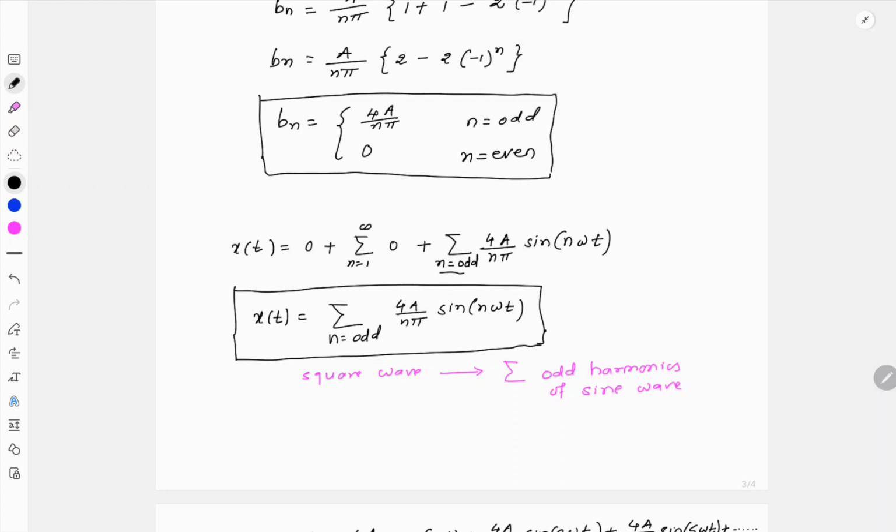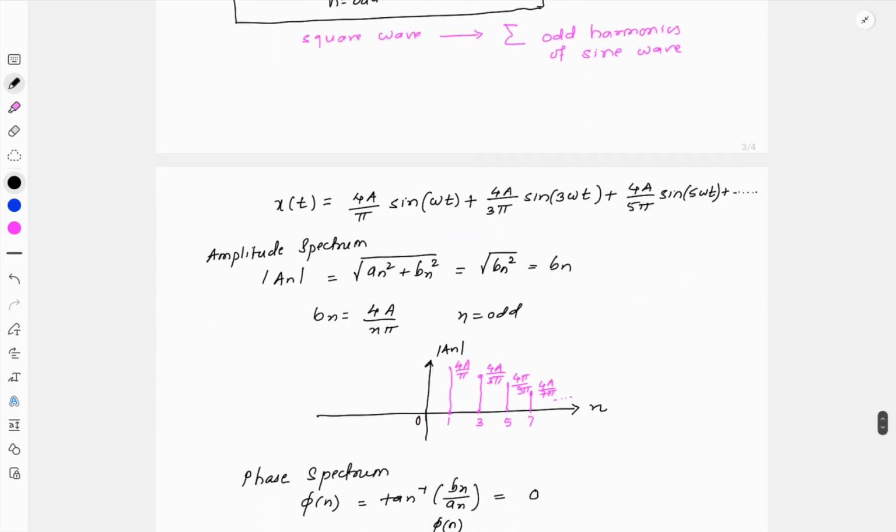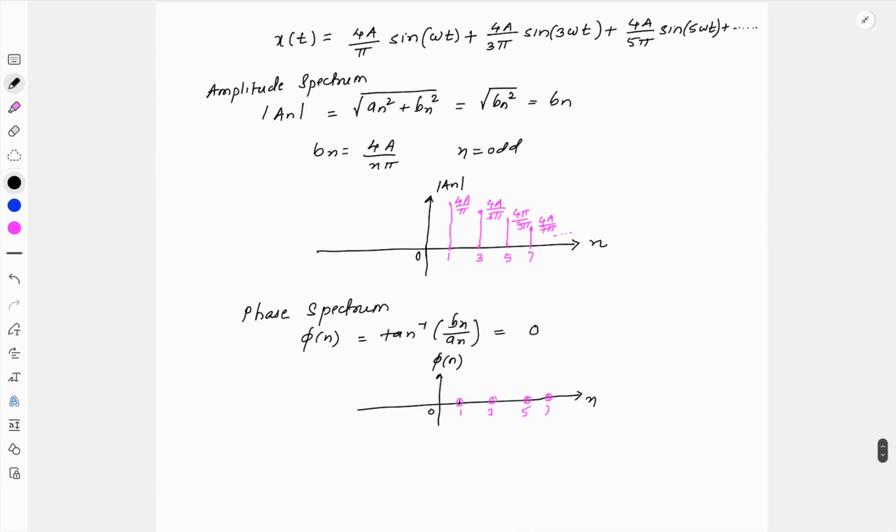Remember, in Fourier series, the given signal is in time domain, and the representation of the Fourier series is also in time domain. Then we obtained the magnitude, that is amplitude, and phase spectrum using the equations. For amplitude it is under root of an square plus bn square, and for phase it is tan inverse of bn by an. So with this it completes the numerical on trigonometric Fourier series.